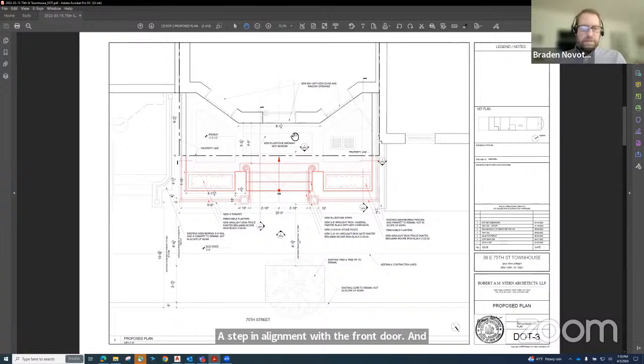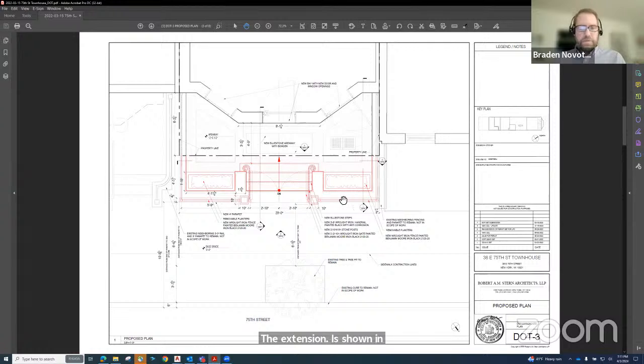And then flanking each side, we are proposing 2 large planters that would have evergreens. And then on the street side of that, there would be a wrought iron fence and limestone pilasters with wrought iron fence gates at the steps. The extension is shown in red.